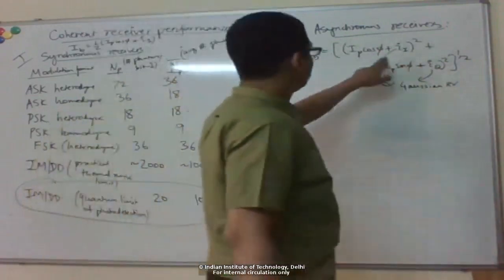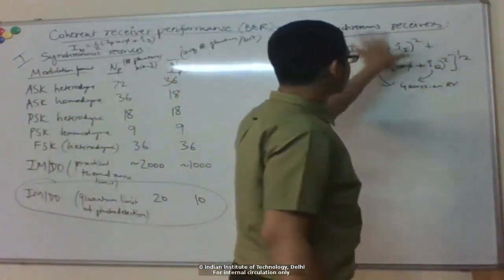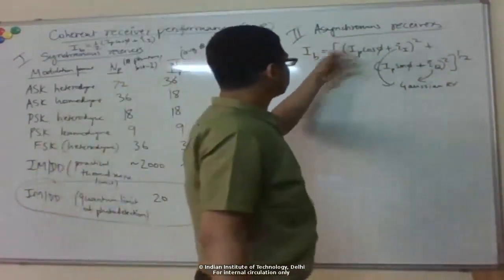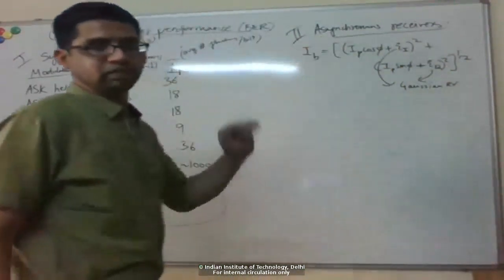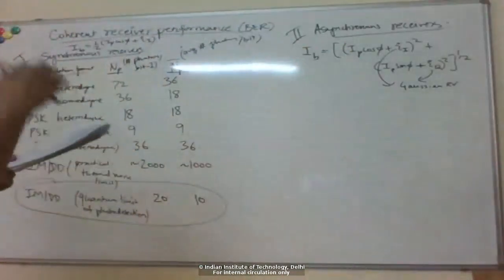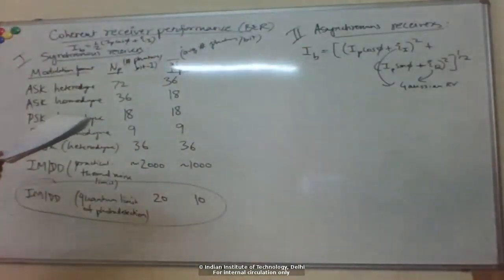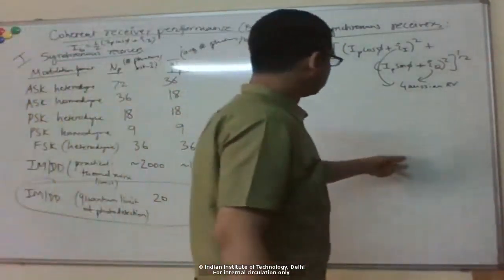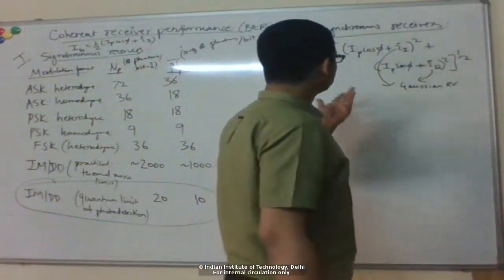Because I'm taking some function of a Gaussian random variable, the noise statistics of this composite expression will not be Gaussian anymore. So the analysis is not straightforward now, but one can actually do the analysis.